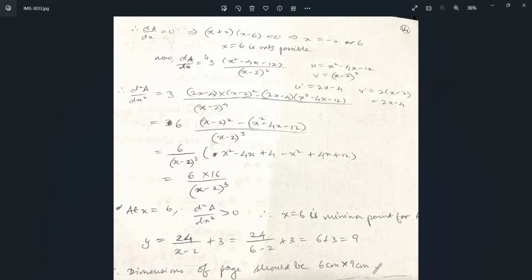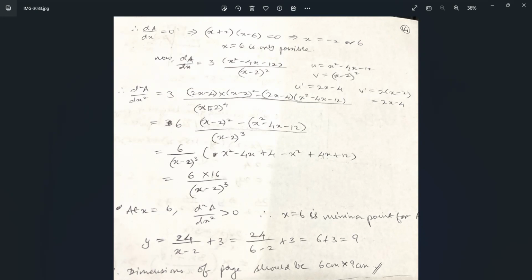Now we are going to apply double differentiation. So we have dA by dx as given by this value. Again, we'll use the differentiation rule on divided functions, that is u by v. So I find u prime over here, which is 2x minus 4, and then v prime is 2 into x minus 2, which is 2x minus 4. So I'll take u prime into v minus v prime into u.